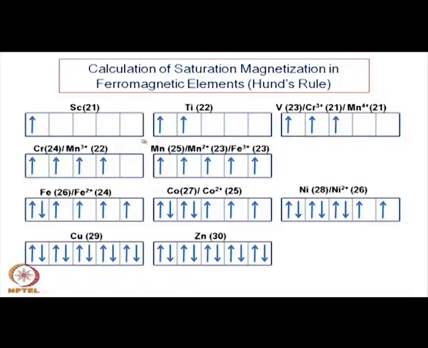First of all, you have 5 subcells, and each subcell can accommodate 2 electrons of 2 different spins. So, if the second electron is present in titanium for example, the spin will be the same as that of the first. Okay. So, it is not that this electron will fill up the first subcell first and then the additional electrons will go to the next subcell. It is not so.